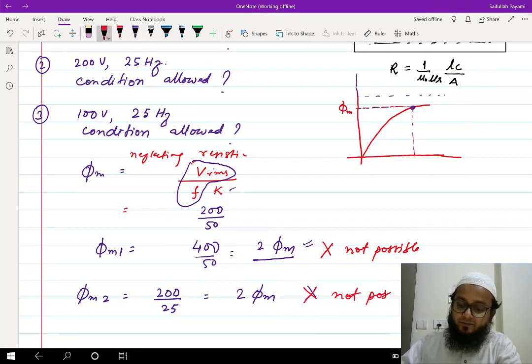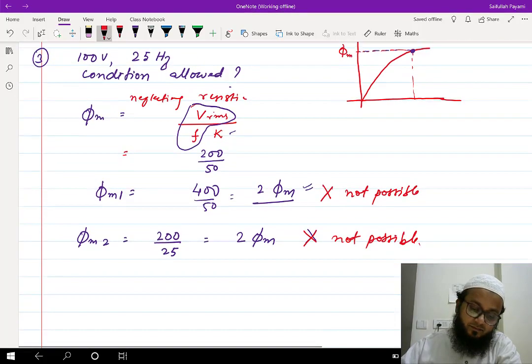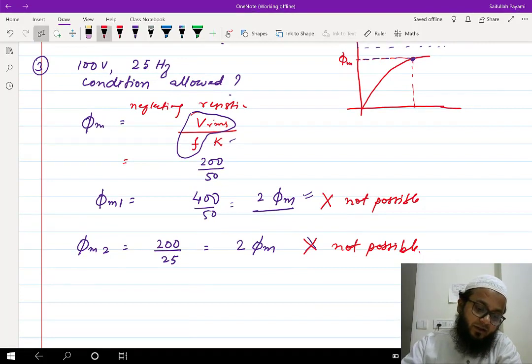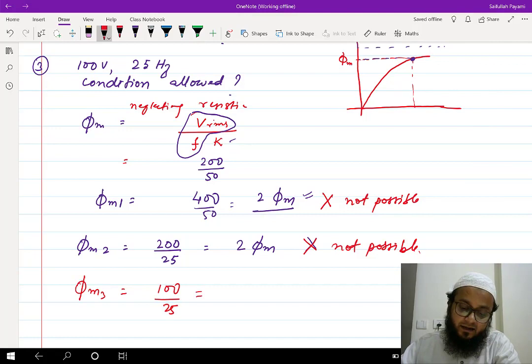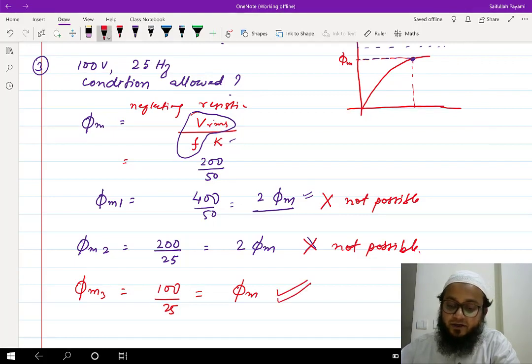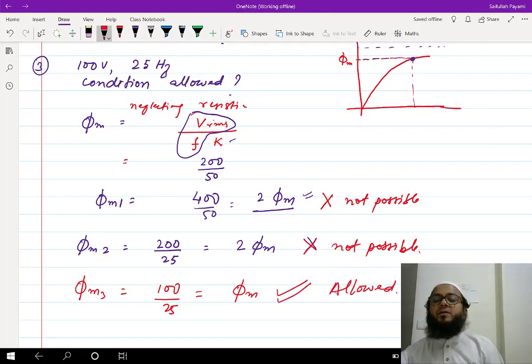What about phi m3? The third condition, 100 by 25, is again phi m. So this condition is actually allowed.